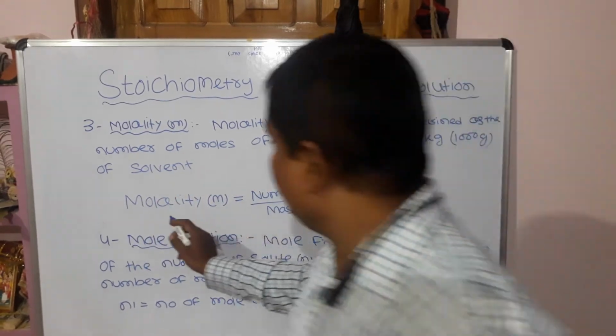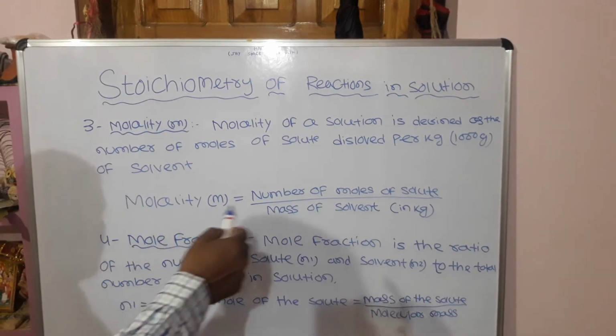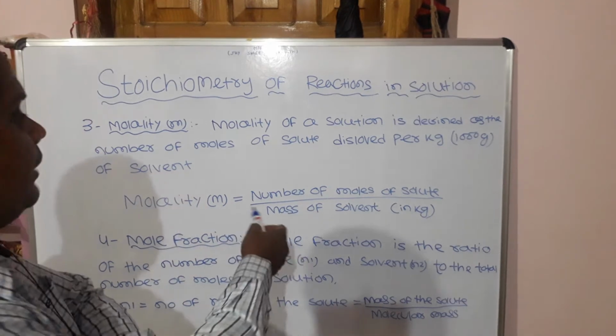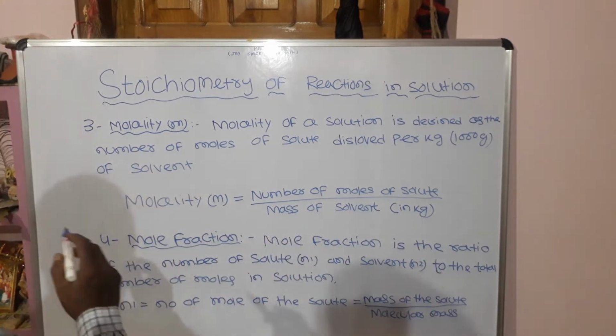Molality, small m, equals the number of moles of solute divided by the mass of solvent in kg.